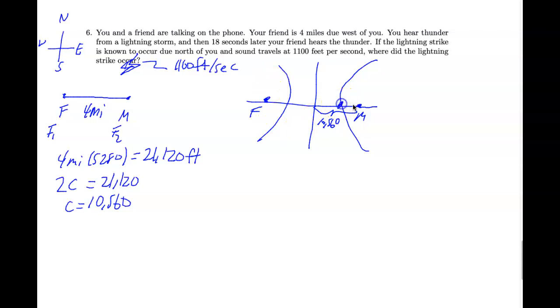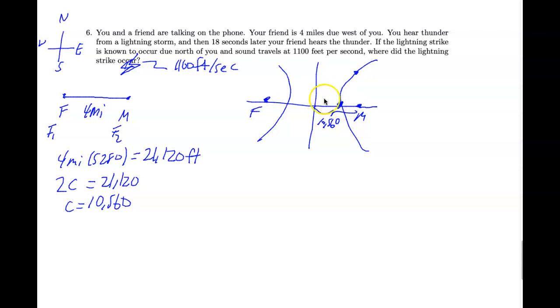What I'm interested in is the vertex, where the branch crosses the x-axis. This is where we're coming from: the difference of the distance from the curve to me and from the curve to the friend is that constant 2a, and that's corresponding to this a here.